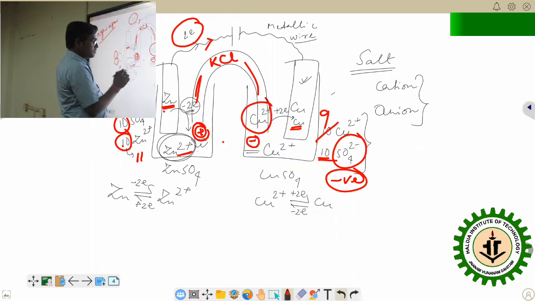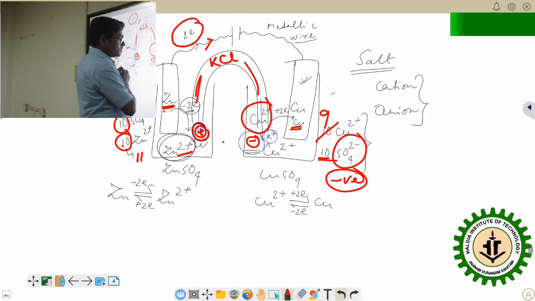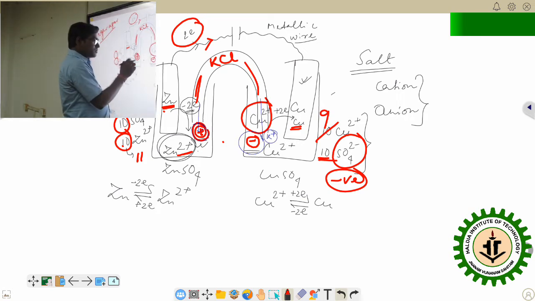And since Cl- ions come into the solution, this positively charged solution becomes neutral. And when there is a negatively charged solution, obviously it will attract K+ to make it neutral. So once one solution becomes positively charged, there will be spontaneous passage of negatively charged ions, that means Cl-.